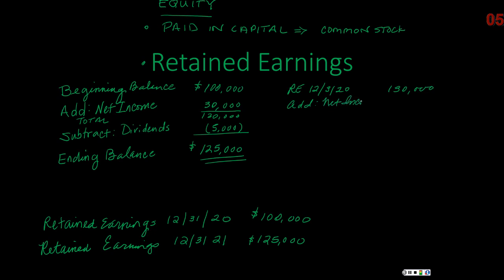If there was not a net income, if there was a net loss instead, then there would be nothing to add at this point. But let's assume this company did pretty well. And so they had a net income of 20,000. Again, I like to put a little total line in here to make it a little easier to work with. And then what will we subtract?